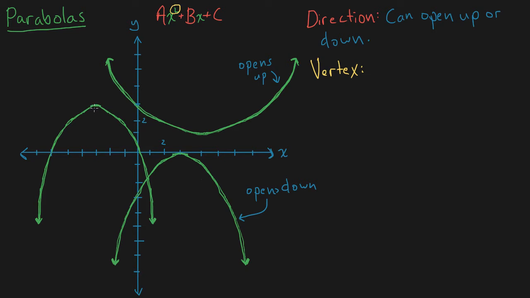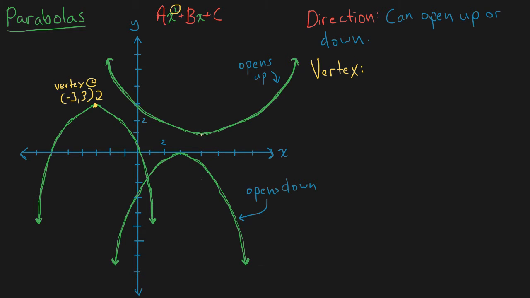With this example right here, we have a vertex, and that's going to be at our maximum point, and that appears to be at negative 3, 3. So that's our vertex, and that's the maximum point. That's the greatest y value that we can get out of the function.